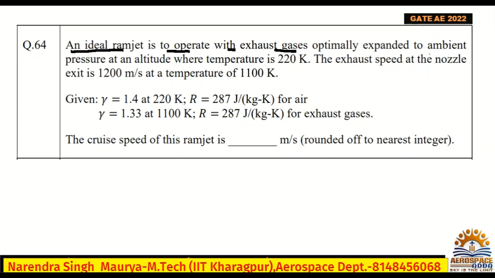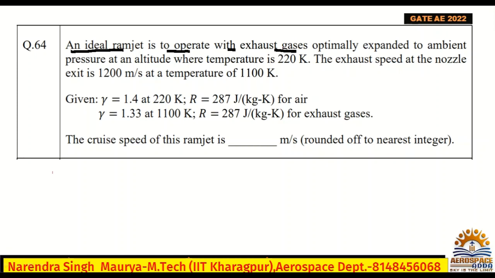Its meaning is very clear. Whatever the pressure at exit, that will be equal to ambient pressure or atmospheric pressure at that altitude. That's the meaning of it. Exit pressure will be equal to ambient pressure. That's the meaning of the optimally expanded nozzle or optimally expanded exhaust gas. Anyway, so this is problem number 64 we'll solve.